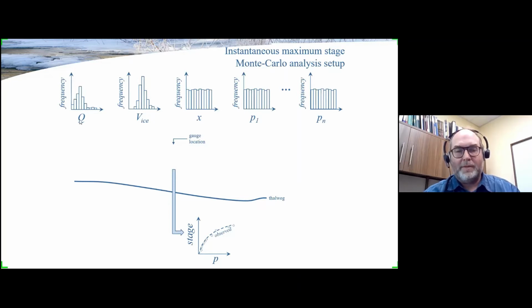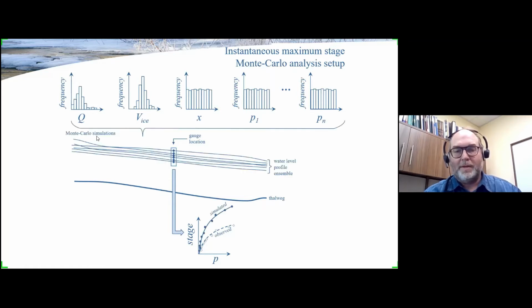Then I'll do it again, picking random values from each distribution until I get my 40 or so profiles. And then at that gauge location, I will extract my water levels and get what I'll call a simulated stage frequency distribution, and see how well that coincides with my observed. It doesn't here. The simulated is higher than my observed.